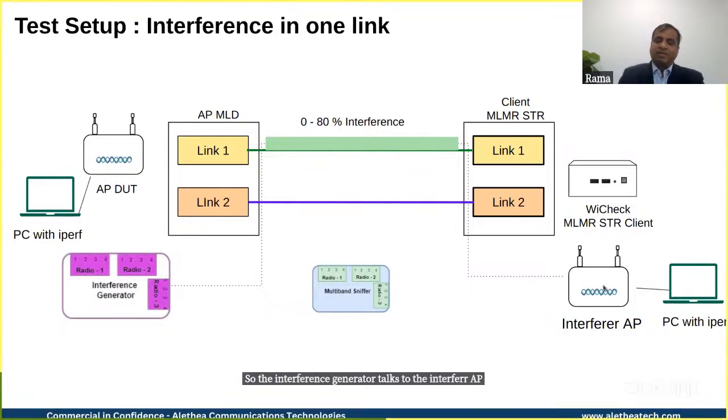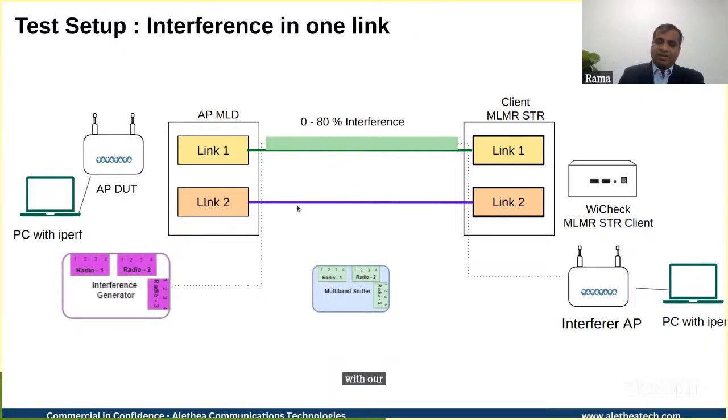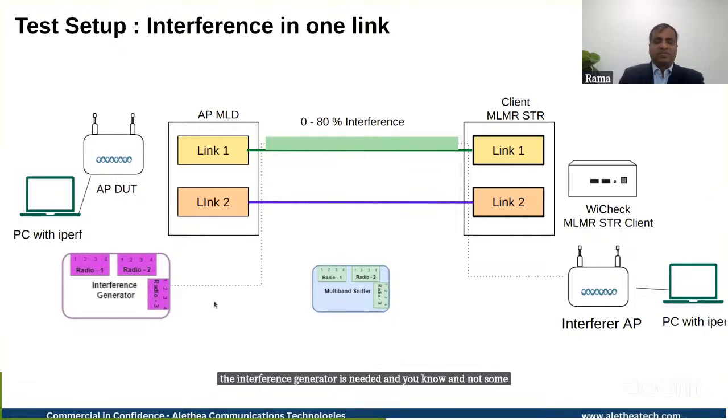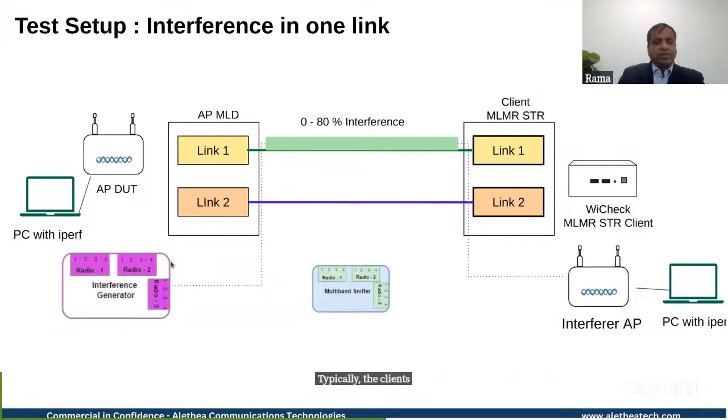So you have a parallel setup with our test setup. The interference generator is needed, and not some client to do the interference generation, because typically clients which obey Wi-Fi or WLAN rules of channel assessment and back off would reduce their transmission once they see another device in their vicinity.